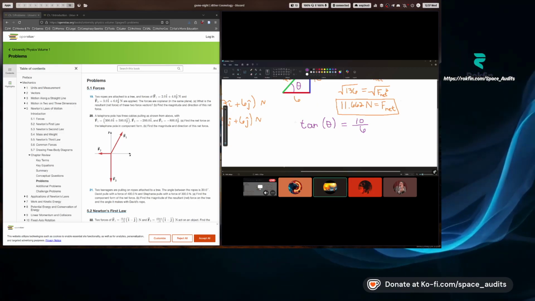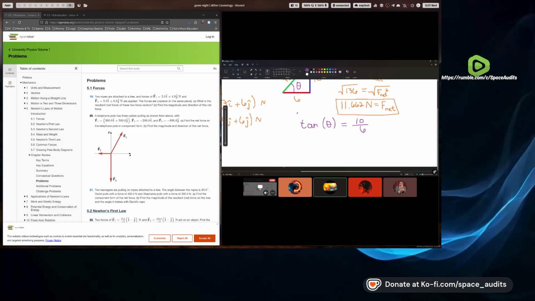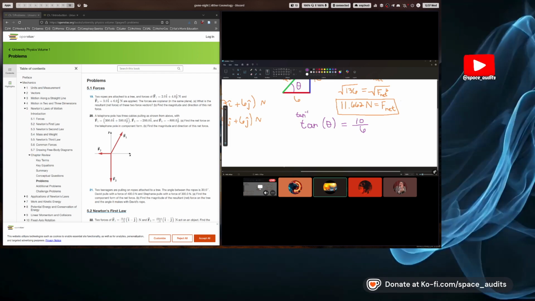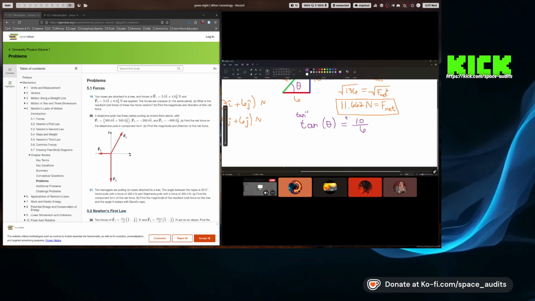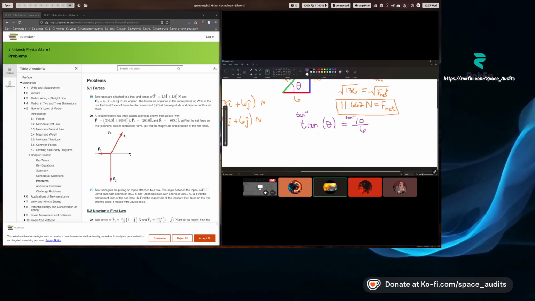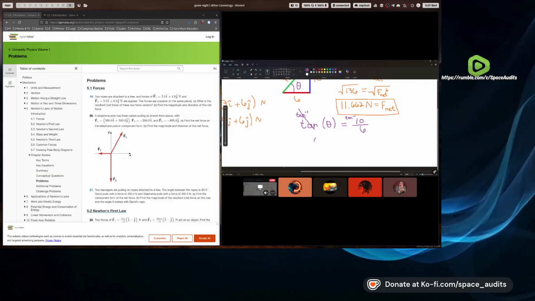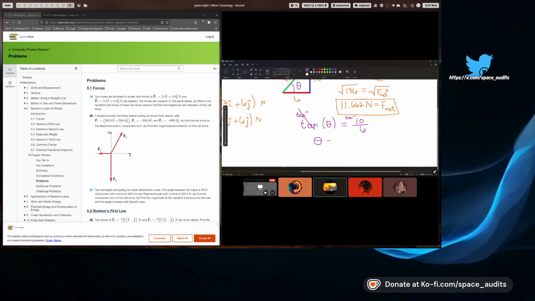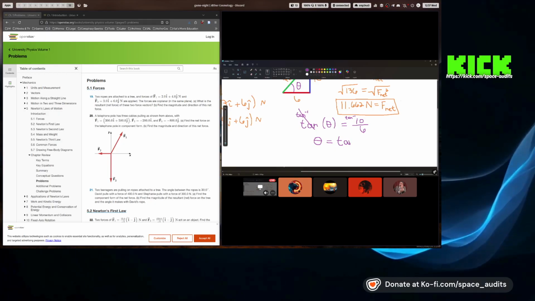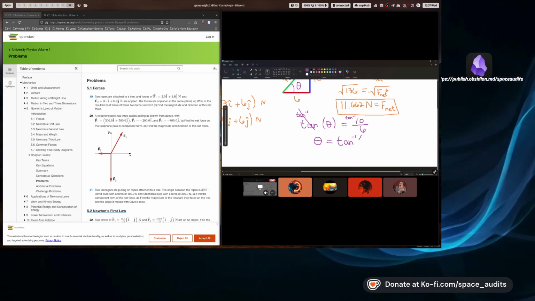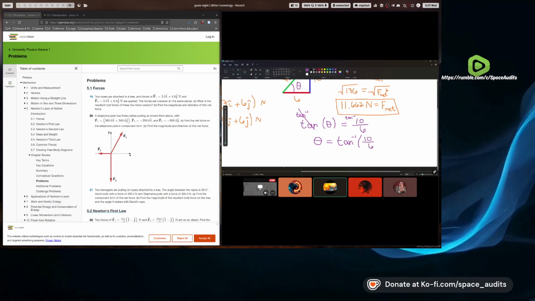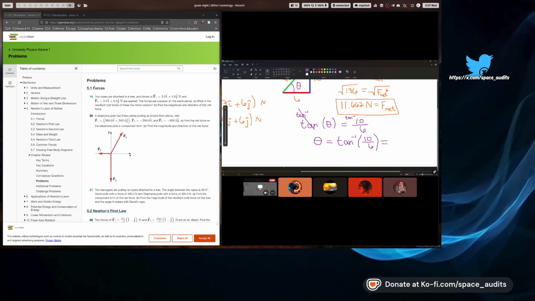So if I multiply both sides by tangent to the negative 1, these cancel out, and I get theta is equal to the arctangent of 10 over 6. And for this, you just plug it into your calculator, which I'm doing right now.